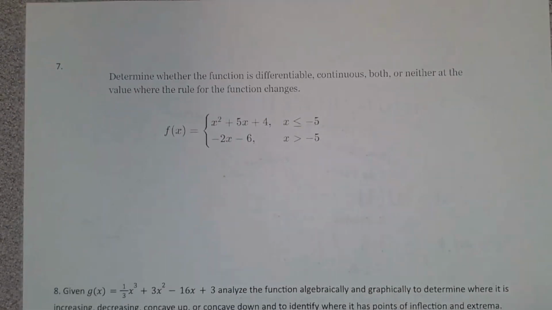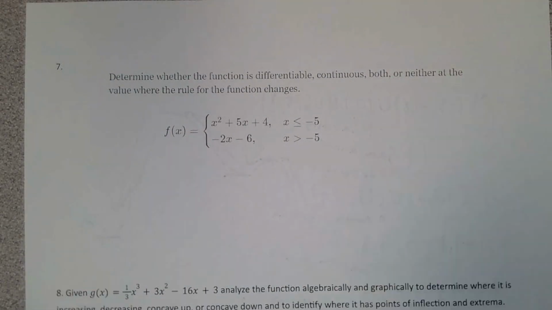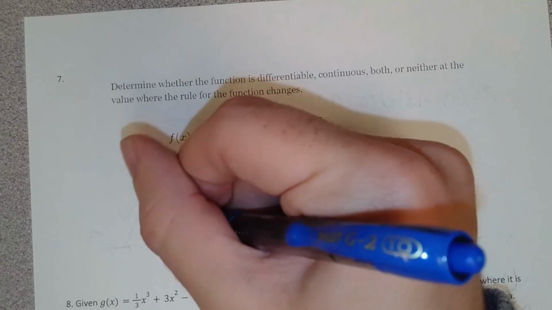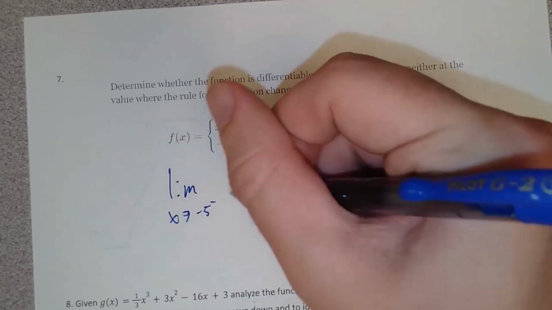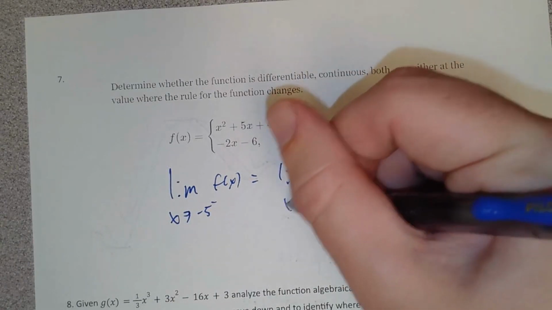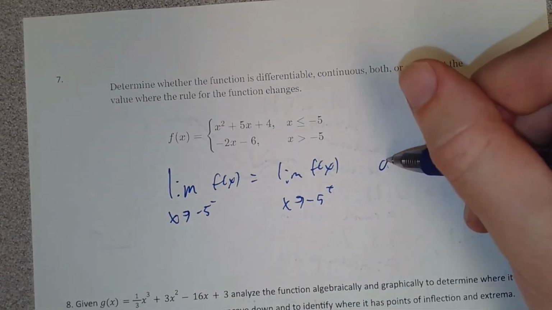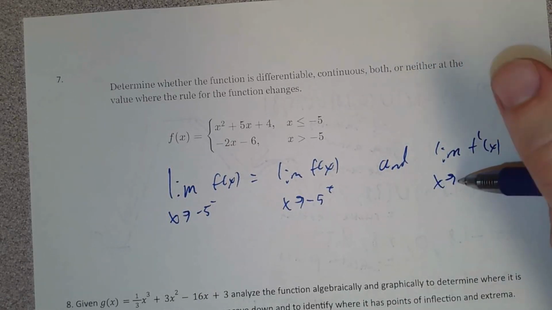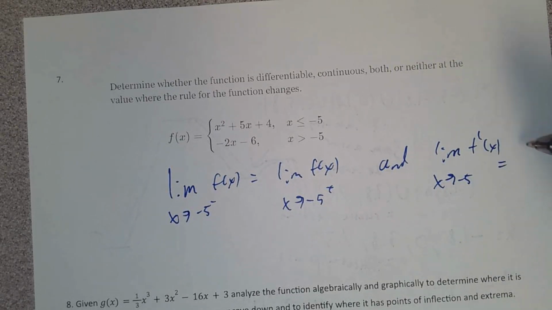Okie dokie. Determine whether the function is differentiable, continuous, both, or neither at the value where the rule for the function changes. Okay, so this is what we did in the last lesson. The limit as x approaches -5 from the left needs to equal the limit as x approaches -5 from the right, and the limit of the derivative as x approaches -5 from the left needs to equal the limit of the derivative as x approaches -5 from the right.